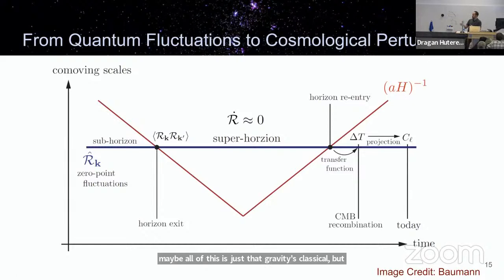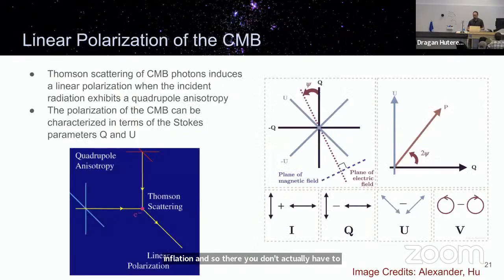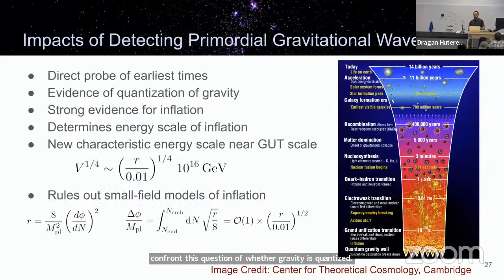So there you don't actually have to confront the question of whether gravity is quantized. But this goes to the point that if we were to measure primordial gravitational waves, that would give us evidence that gravity is quantized, at least at the linear level. If those primordial gravitational waves really came from vacuum fluctuations during inflation, it does indeed require that the quantization of gravity works the way we expect it to, at least in this linearized regime. Yeah.